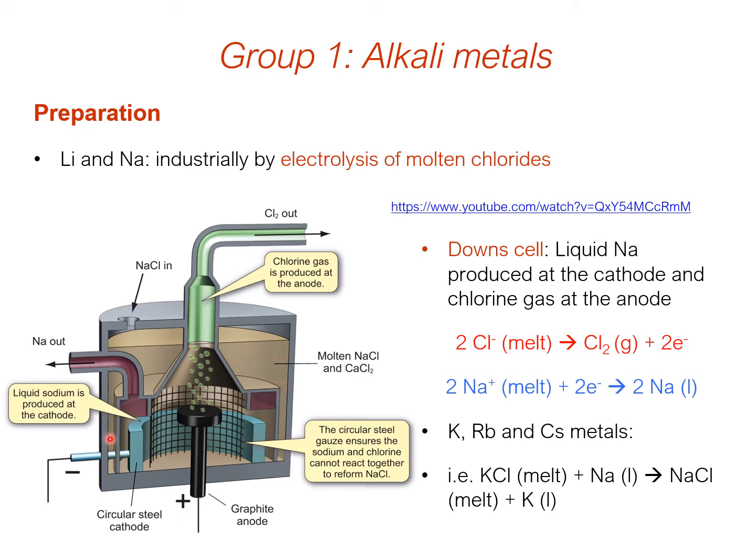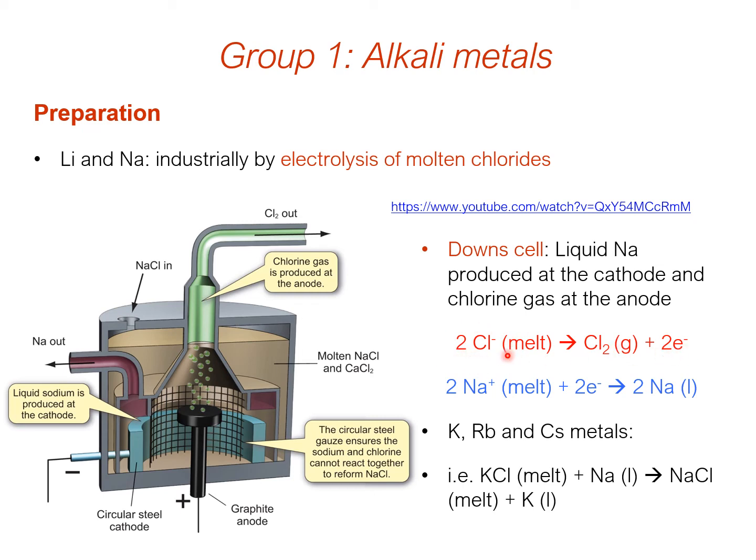So a molten solution of sodium chloride is put in this electrochemical cell, and a current is passed between the anode and the cathode. At the anode, chloride ends up getting oxidized. The definition of oxidation is a loss of electrons.